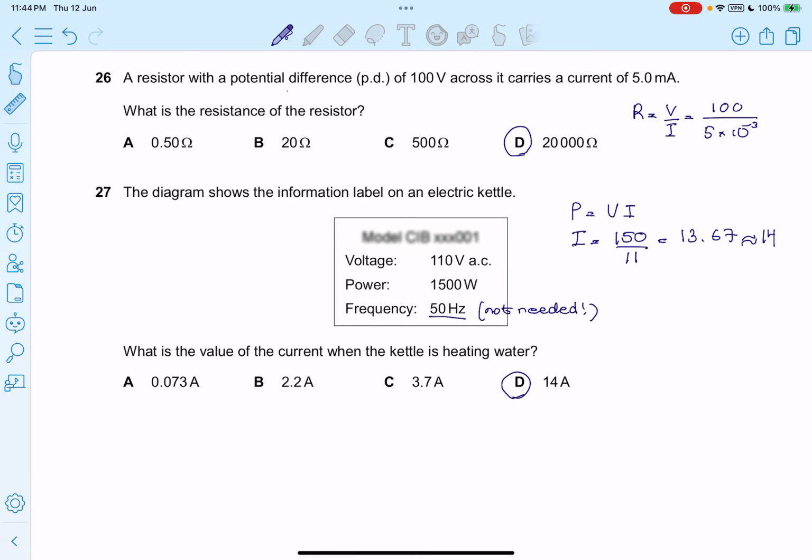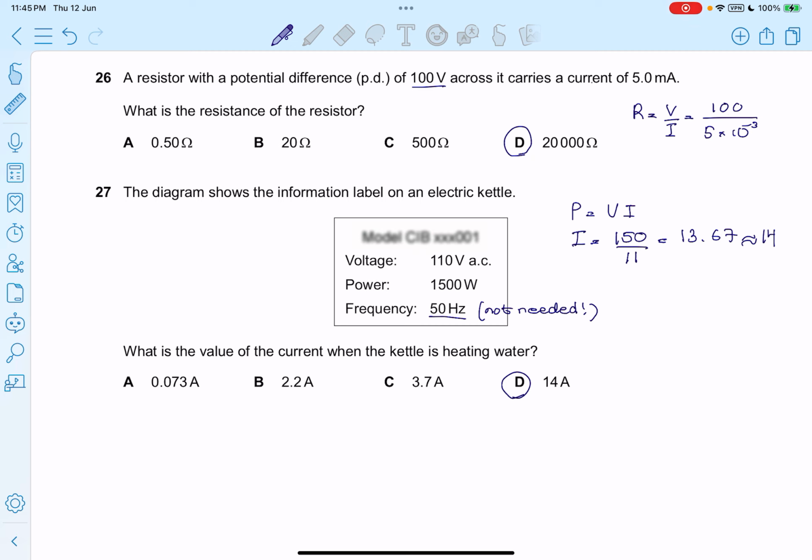26. A resistor with a potential difference, PD, of 100 volts across it carries a current of 5 milliamps. What is the resistance of the resistor? So R is equal to V over I. That is the formula. Voltage is given in the base unit, so 100.